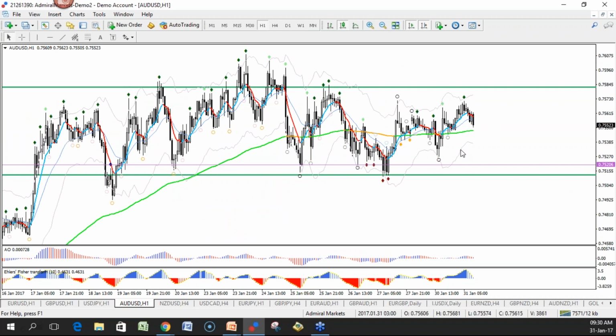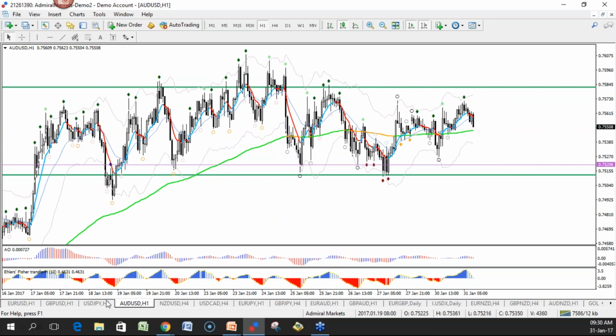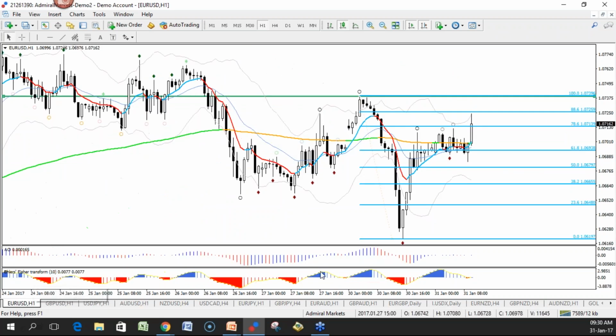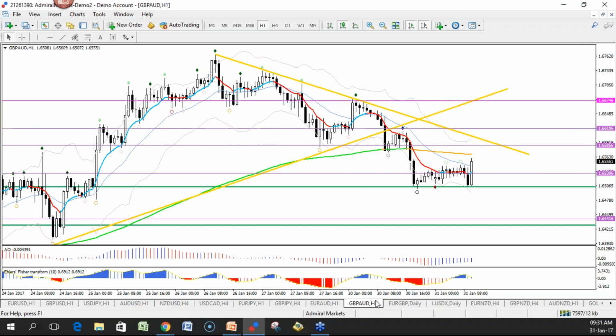At this moment, the hourly looks very, very choppy. So I would not be very interested in trading it in this particular zone. Euro dollar keeps pushing up. It has hit the 88.6 fib. Let's see what kind of hourly candle reacts to that, and take it from there.